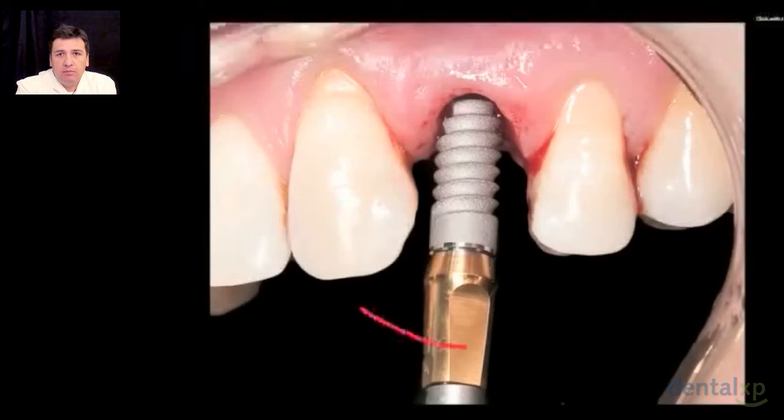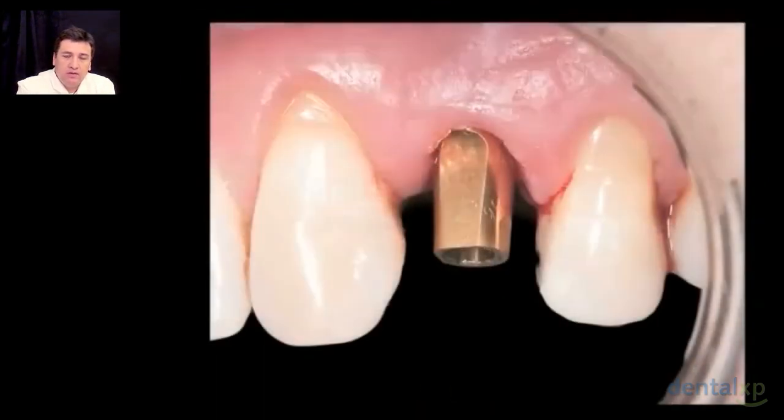When we are installing the implant, we have to do some slight movements forward and backward or in a lateral way, searching for the best position in the space for the implant, like we are doing at this moment.